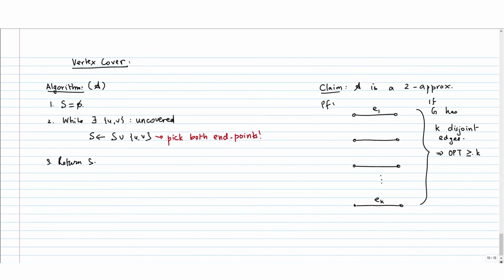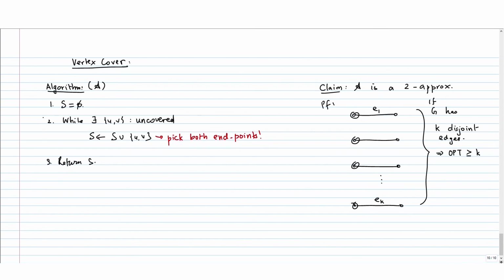I claim that if you are able to find k disjoint edges in the graph, then the optimal solution value is at least k. Why? Because you need a separate vertex to cover every edge. No 2 edges in this set can be covered by the same vertex. So, every edge requires one vertex.